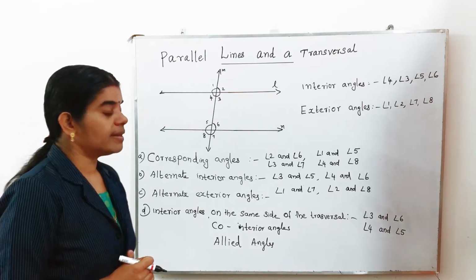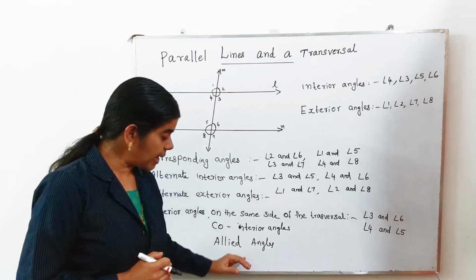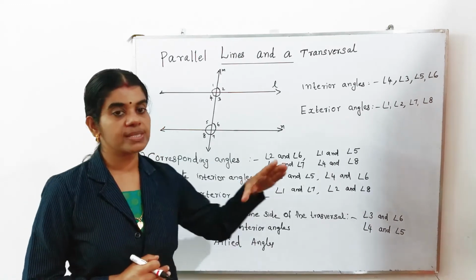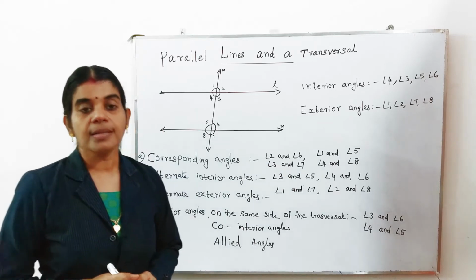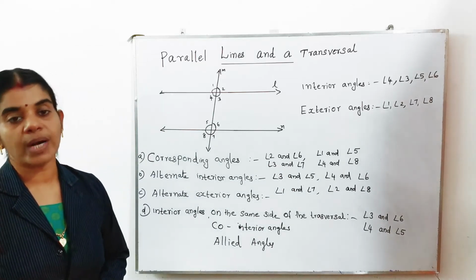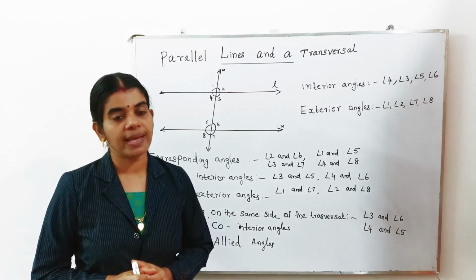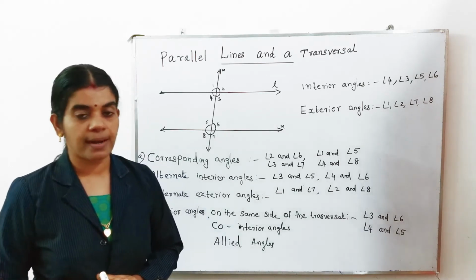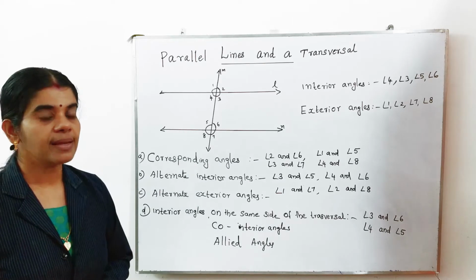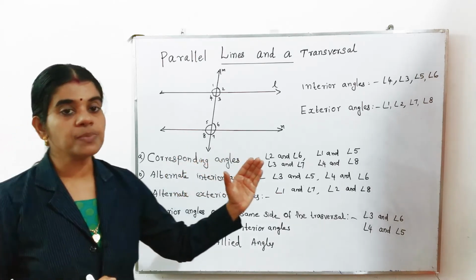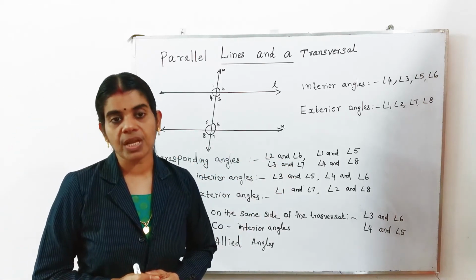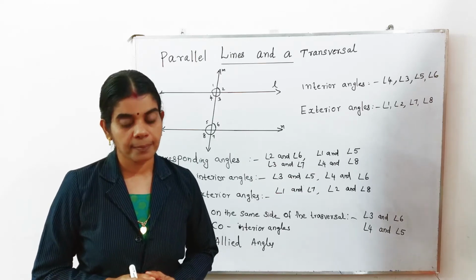Co-interior angles, allied angles, or angles on the same side of the transversal, the sum of those two angles will be 180 degrees. This also we can use to show the two lines are parallel, by showing that the angles on the same side of the transversal are supplementary, or 180 degrees.